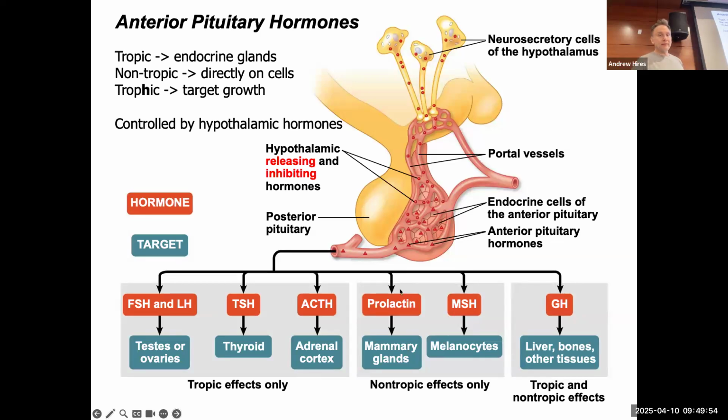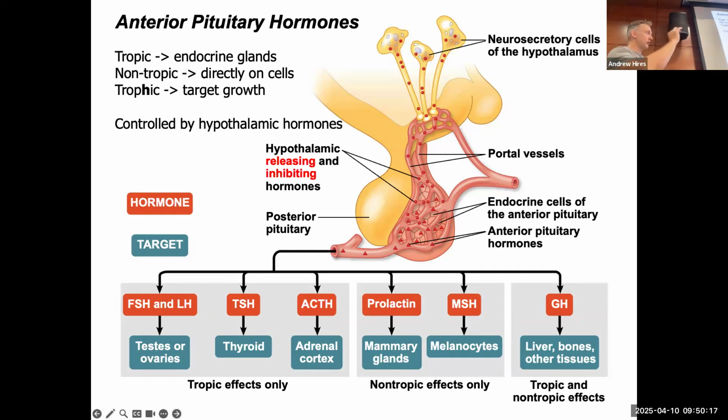Then we have prolactin. Prolactin has non-tropic effects. It's affecting the mammary glands, which we just talked about, and melanocytes. And then finally we have growth hormone, or human growth hormone, as you might have heard it called. Growth hormone is going to have both trophic and non-tropic effects.